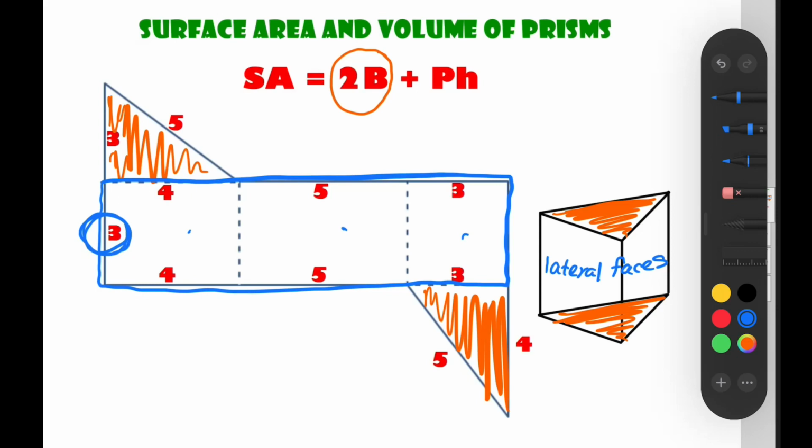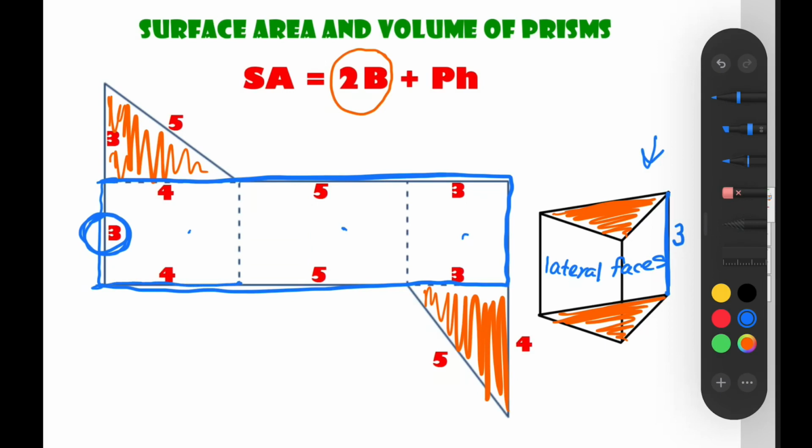Now, do you guys know where this 3 shows up on the actual prism over here? That 3 is going to be the distance from that top orange triangle base to the bottom orange triangle base. So they call that the height of the prism. Okay? So that's from base to base is always going to be the height.